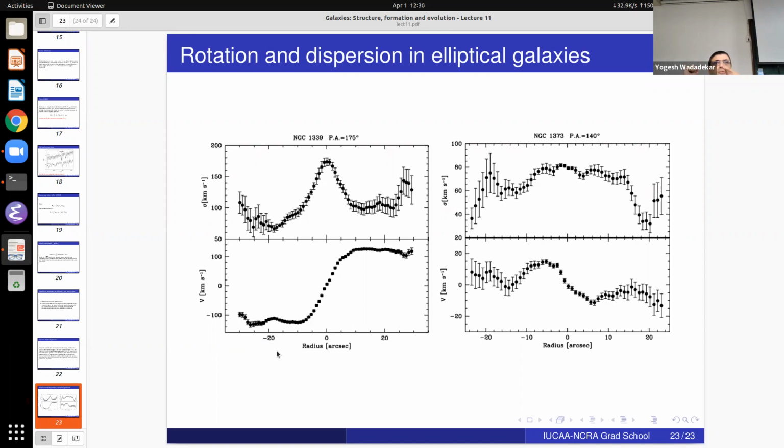What else? What will be higher in one direction with respect to the other? Observationally, what parameter can you measure that will show you that you did a theoretical calculation and showed that, okay, this thing can't be rotationally supported because it is too elliptical and it's rotating very slowly.